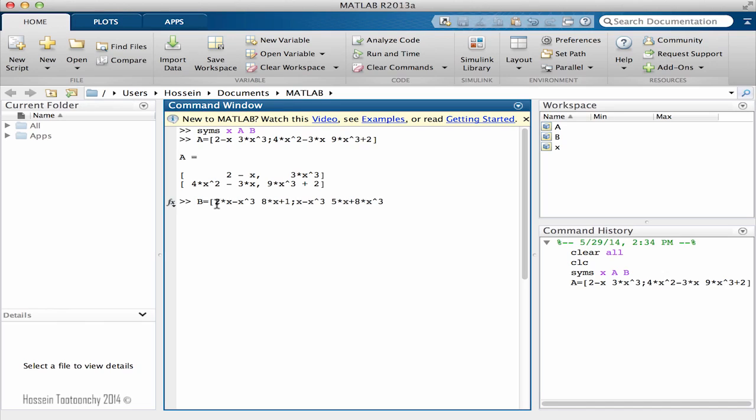Okay, so I created two matrices which are 2 by 2, and as you see, there are no numbers in there.